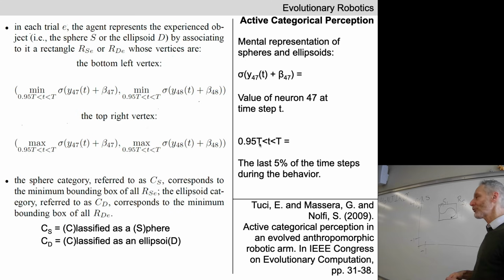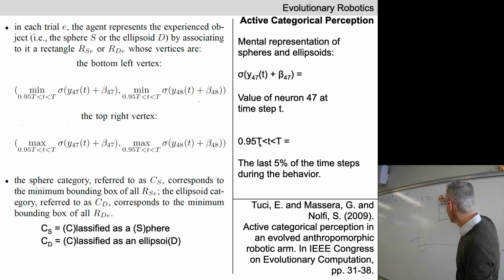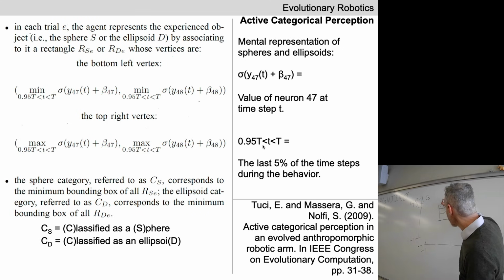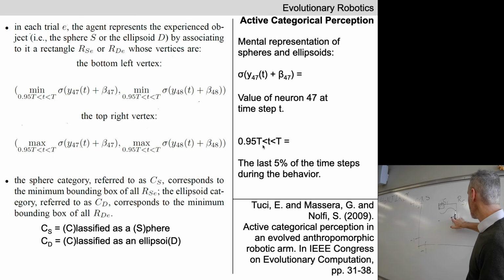Uppercase T usually refers to the last time step. 0 is the first, uppercase T is the last time step. So we're only looking at the last 5% of the trajectory when we create this bounding box. Why this additional detail?